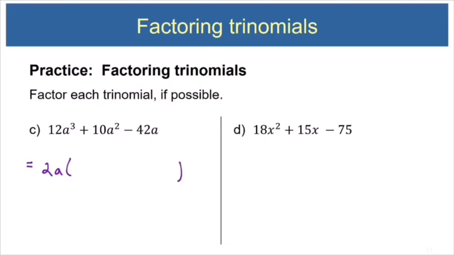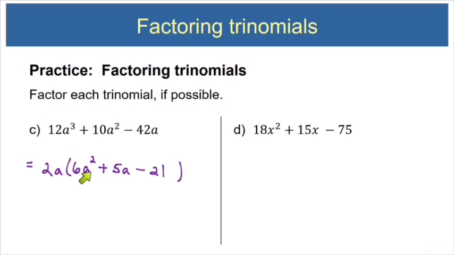and we'll need to look at the trinomial that we get from factoring out a GCF of 2a. Okay, 2a times 6a squared would produce this first term. 2a times 5a would produce the second term. And 2a times negative 21 would produce the last term. Check it out. Notice that if I distribute the 2a, it goes right back to this form.